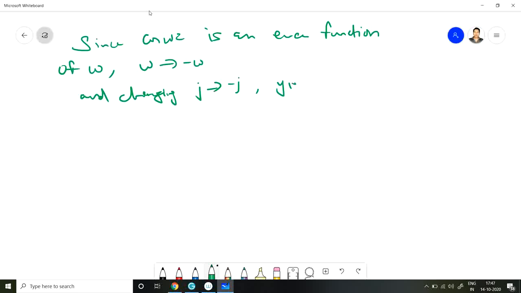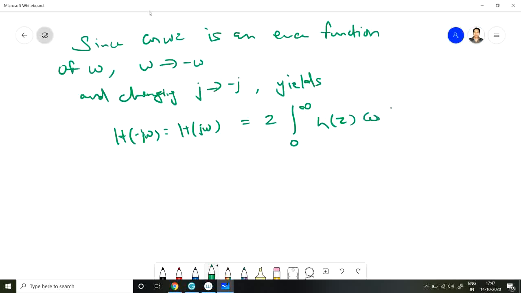This yields H(-j omega) equals H(j omega) equals 2 times the integral from 0 to infinity of h(tau) cos omega tau d tau.